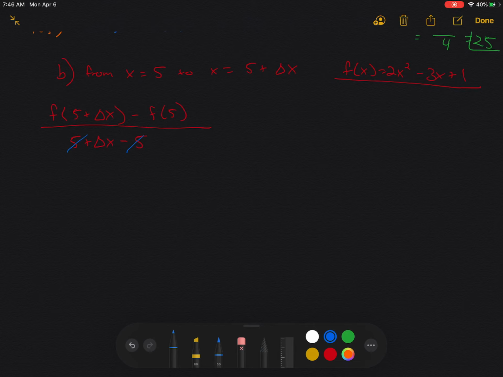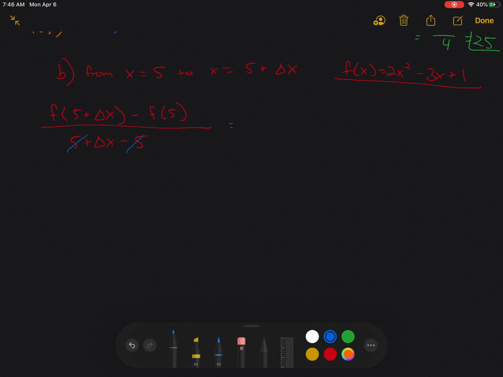Okay, so now we're going to start plugging this into our equation. We're going to plug our 5 plus delta x into our equation.